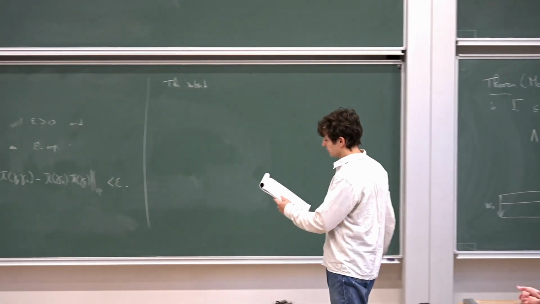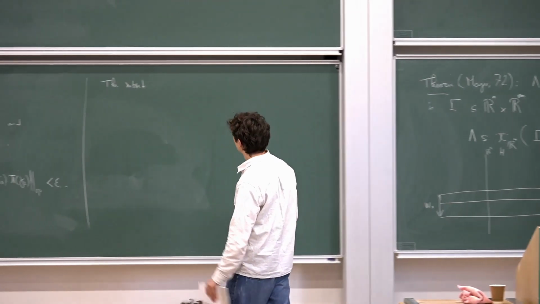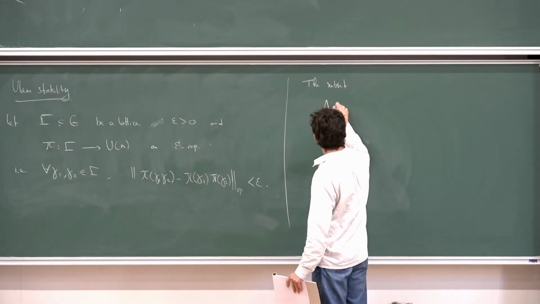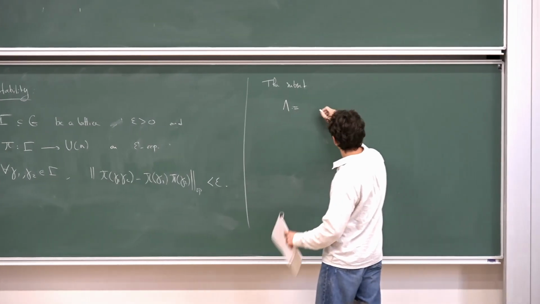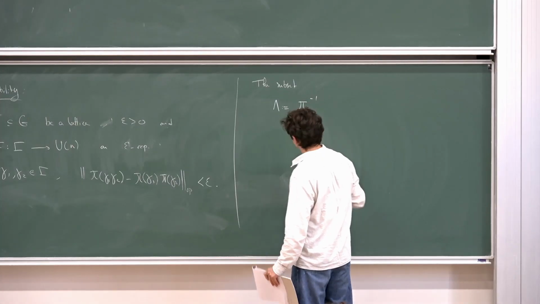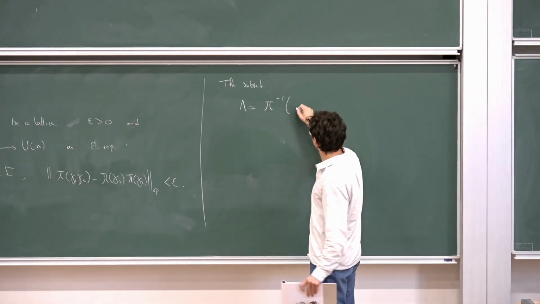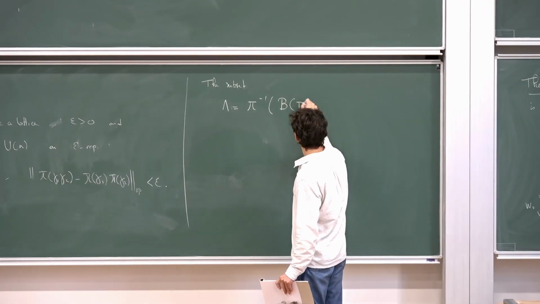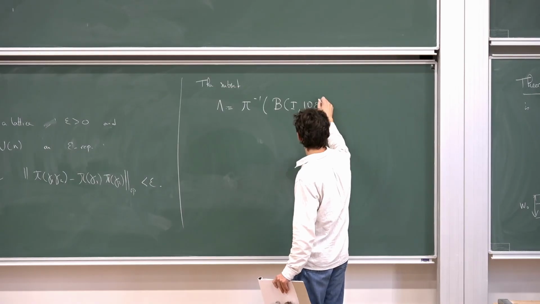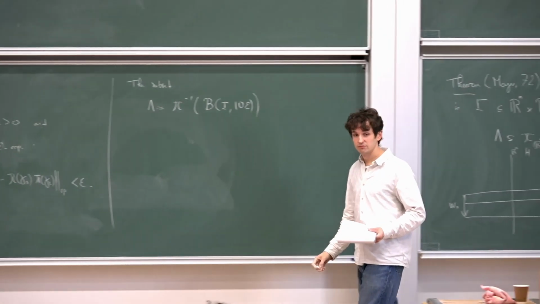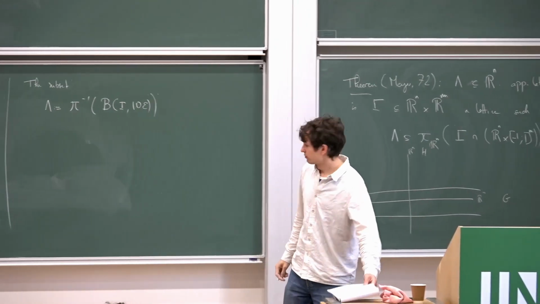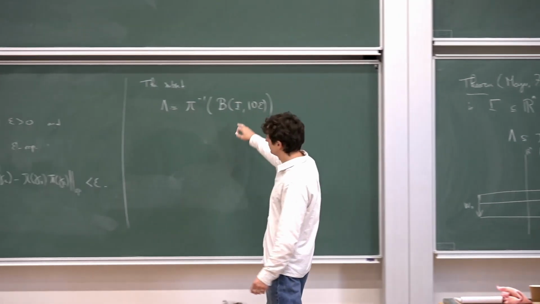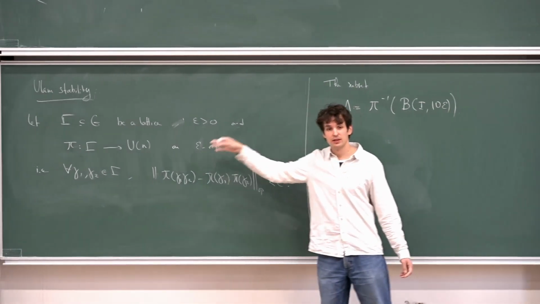So the subset I want to define is lambda equal to pi inverse of the ball around the identity of radius, I think, 10 epsilon. Okay? So this is the ball in U(n) with the operator norm.